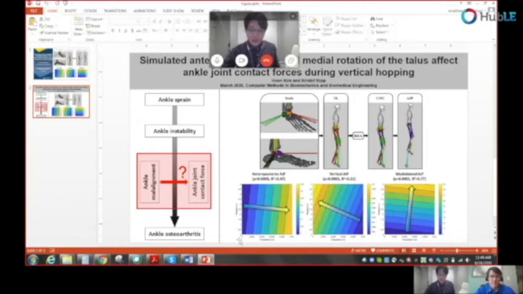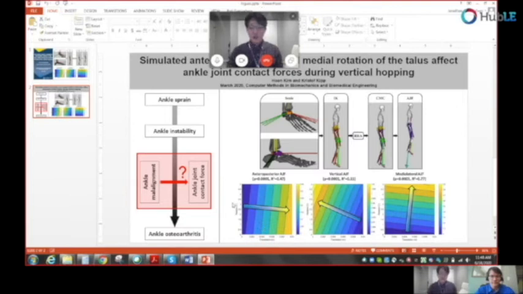As you can see in the color pattern, yellow represents a greater ankle joint contact force, and blue represents a smaller amount. The y-axis, the vertical axis, is medial rotation of the talus, and the horizontal axis is anterior translation of the talus in the ankle joint.